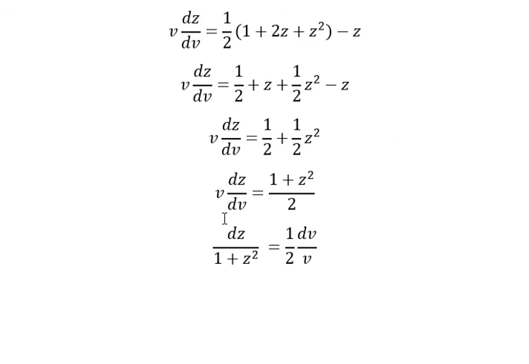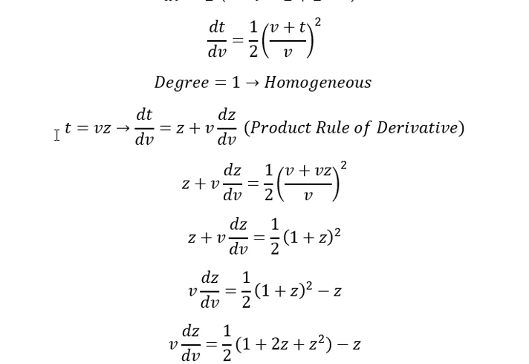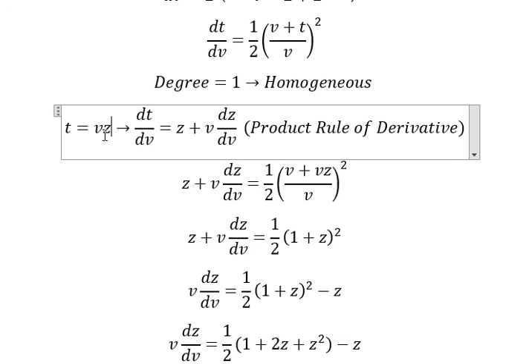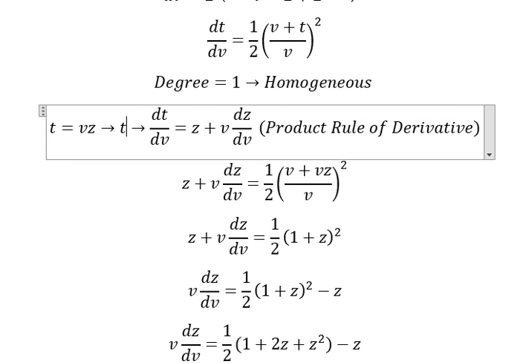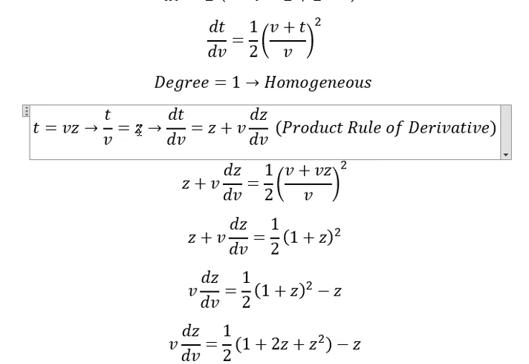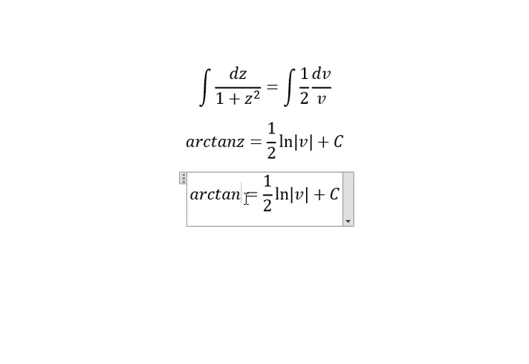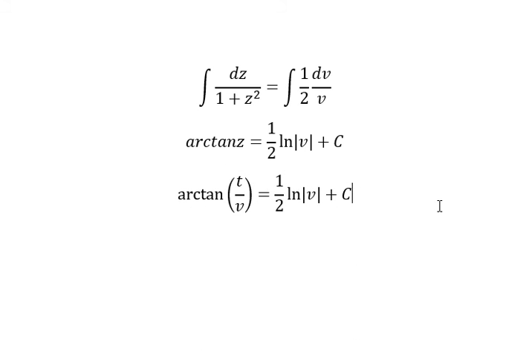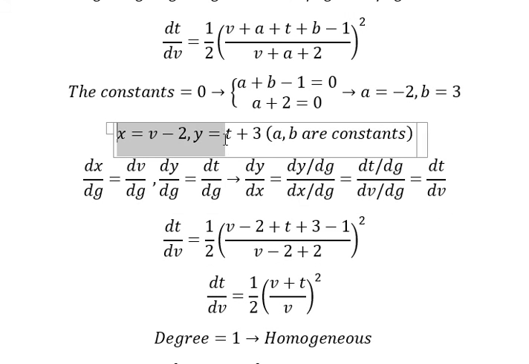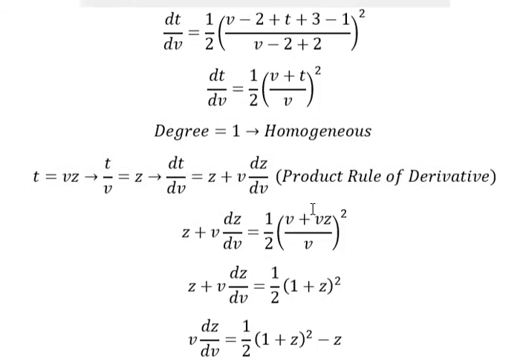Now about z, that is about this one. So we need to divide both sides by v. And now we need to change z into this one. Next, t and v, that is about this one.